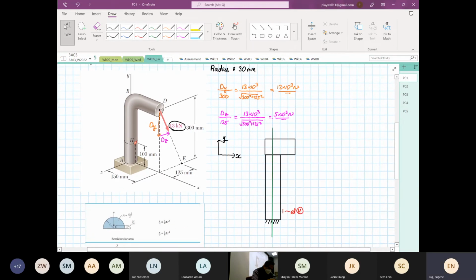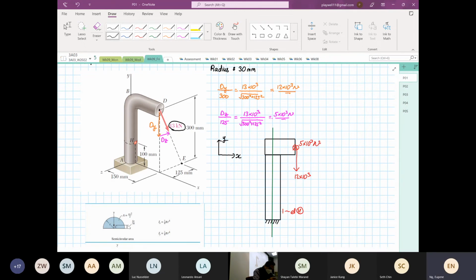So what you have here, you have a dy that is coming down. dy is 12 times 10 to the power 3, and you have a cross, which will be your 5 times 10 to the power 3 Newton.